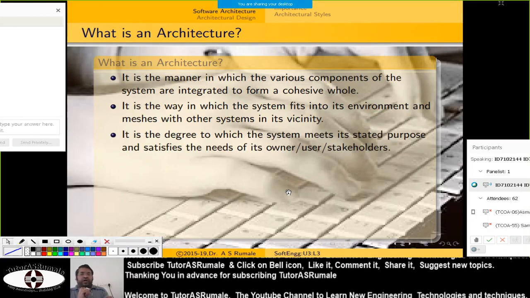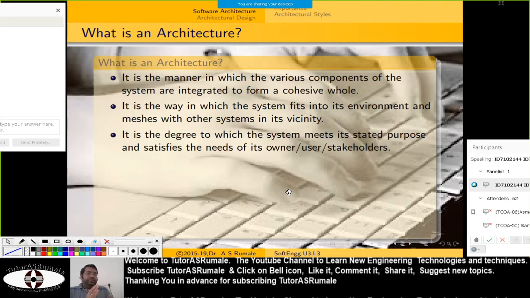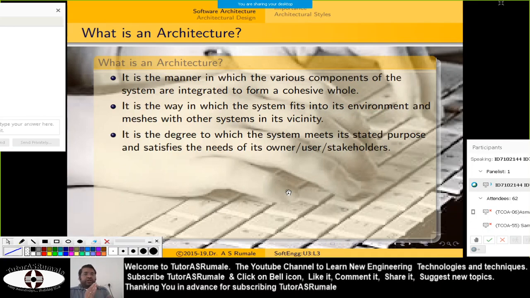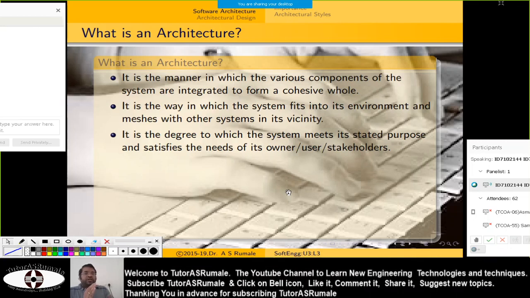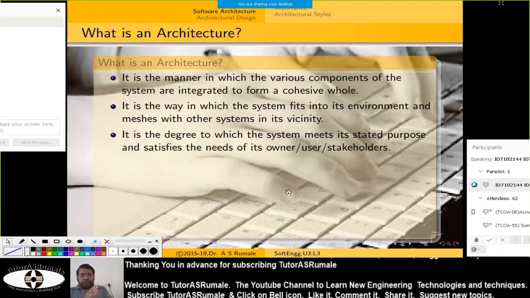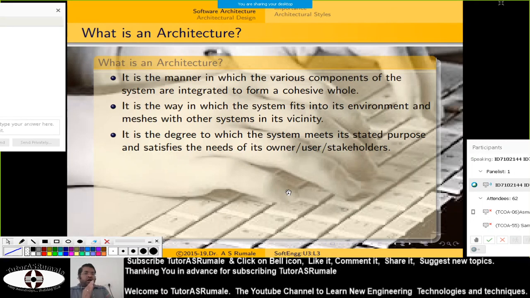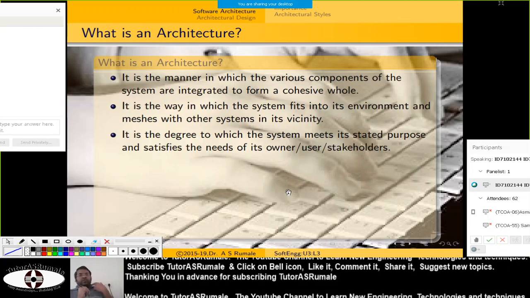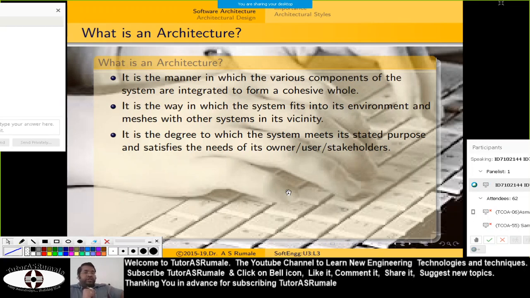The third point with the architecture is that it is the degree to which the system meets its stated purpose and satisfies the needs of its owner, user and stakeholder. Now consider what it means that the system meets its stated purpose.